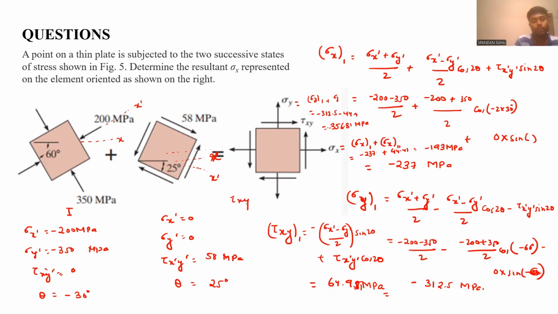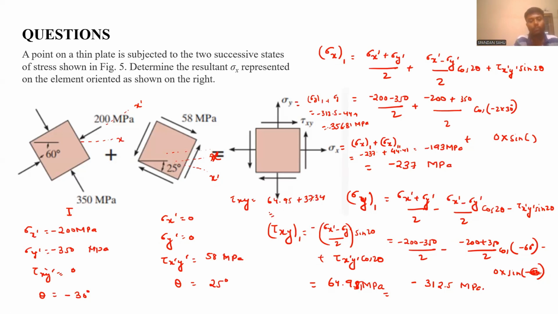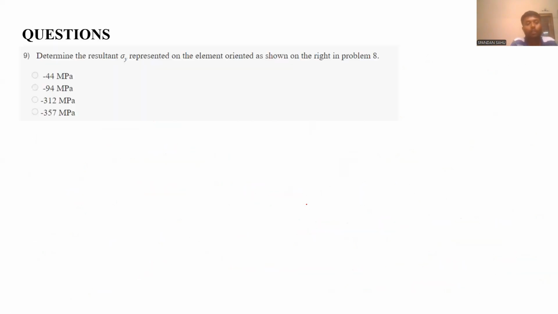So sigma y from 1 and 2 we are getting minus 356.8, which is roughly equal to minus 357 MPa. So option D is the correct option.